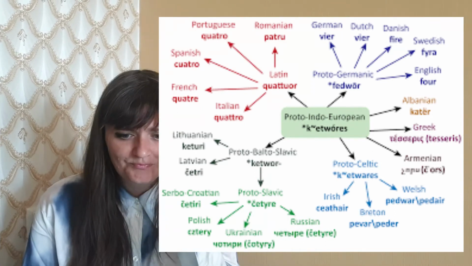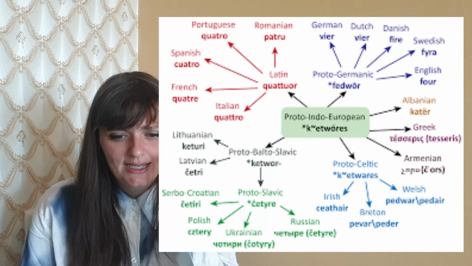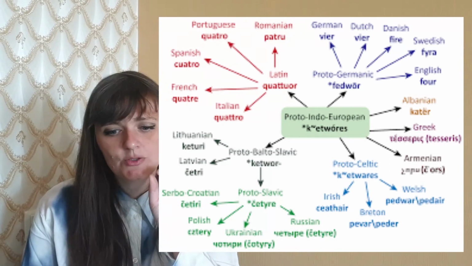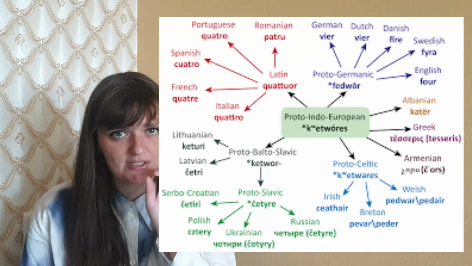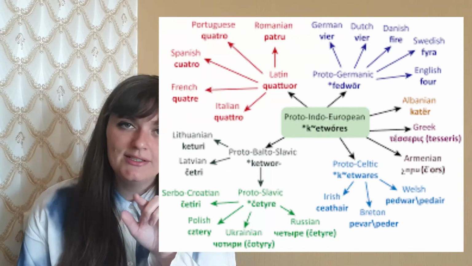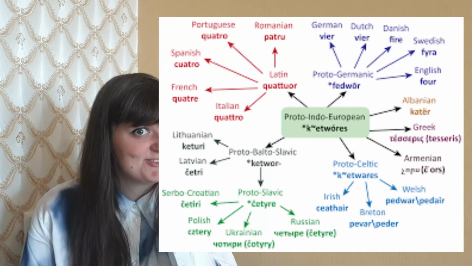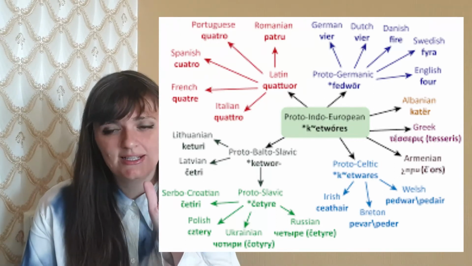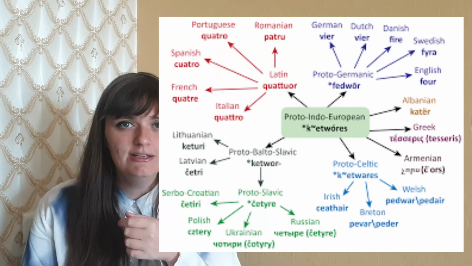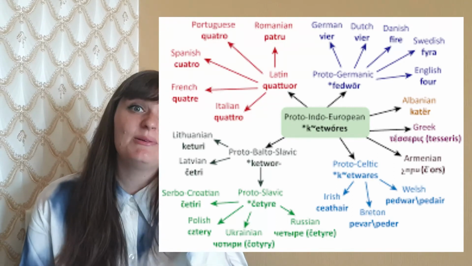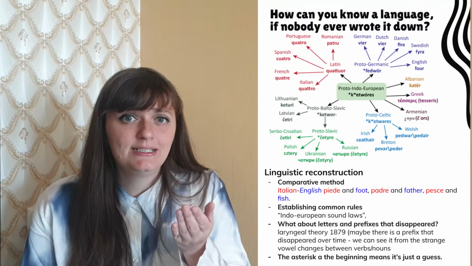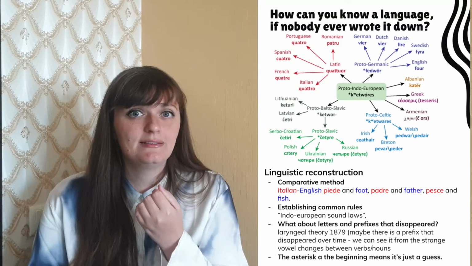And in the middle, we have or and war. Okay, so it must be quatuorus. The reason why it's written on the screen here with a little star, that's because it really is a guess. There is no written evidence that anyone said this word ever in life, but it's just our guess about how this word was said in the past.